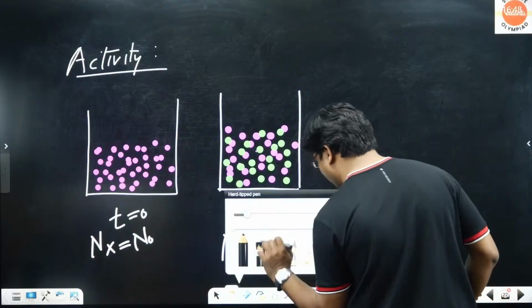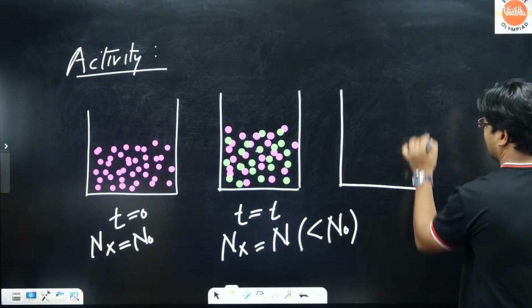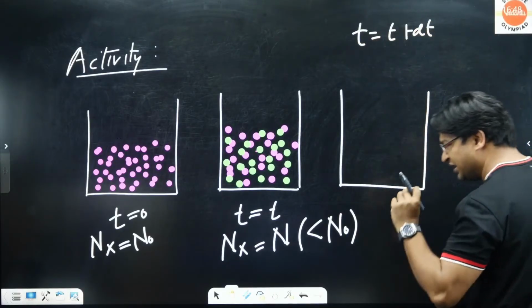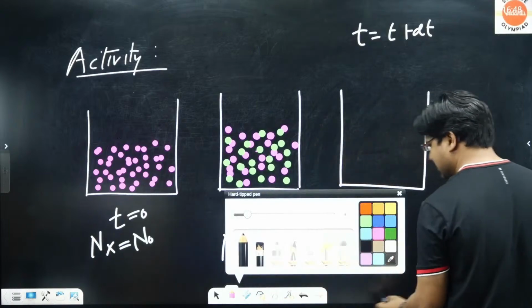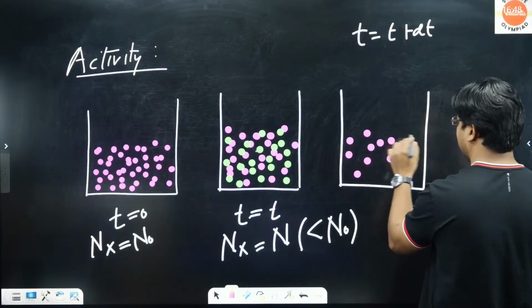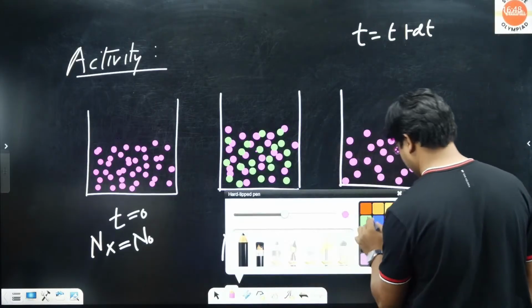After a small amount of time, let's say after dt time more, can we expect some more X nuclei to have converted into Y nuclei?